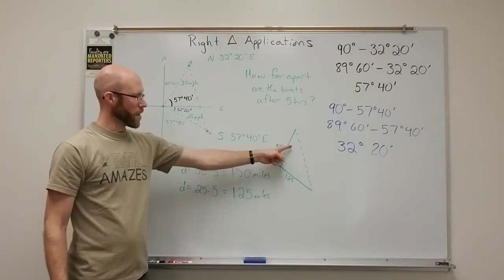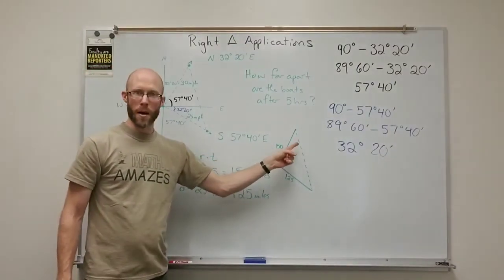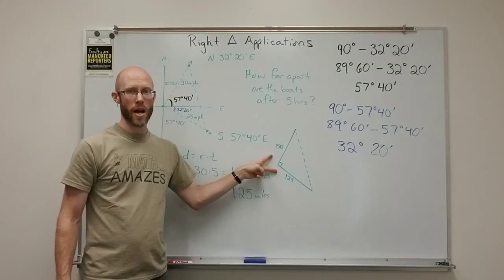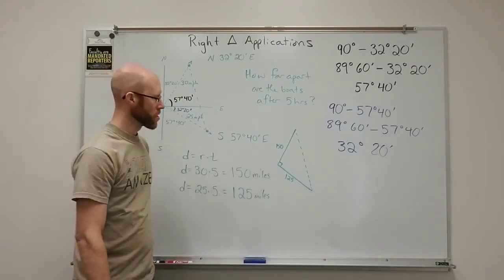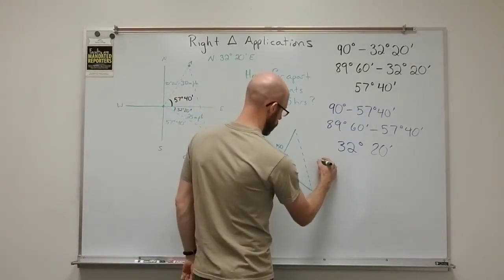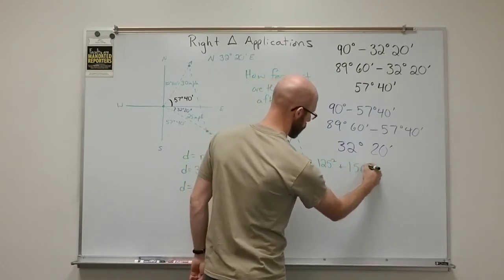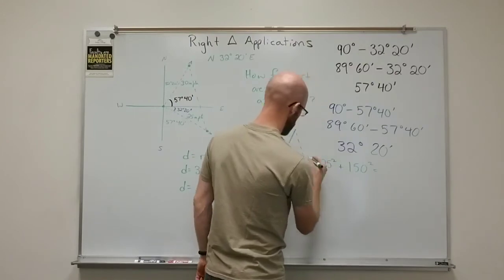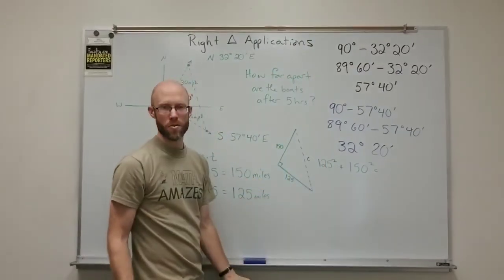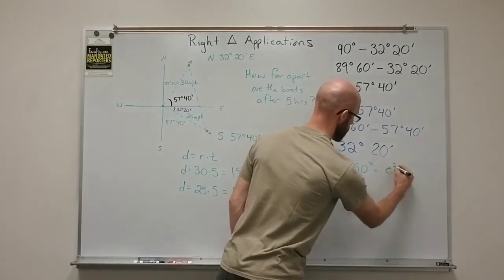All right, well, because this is a right triangle, the hypotenuse can be found from the other two sides using the Pythagorean theorem. So I'm going to go with 125 squared plus 150 squared equals, well, I'll call this C, right? C squared for the Pythagorean theorem.